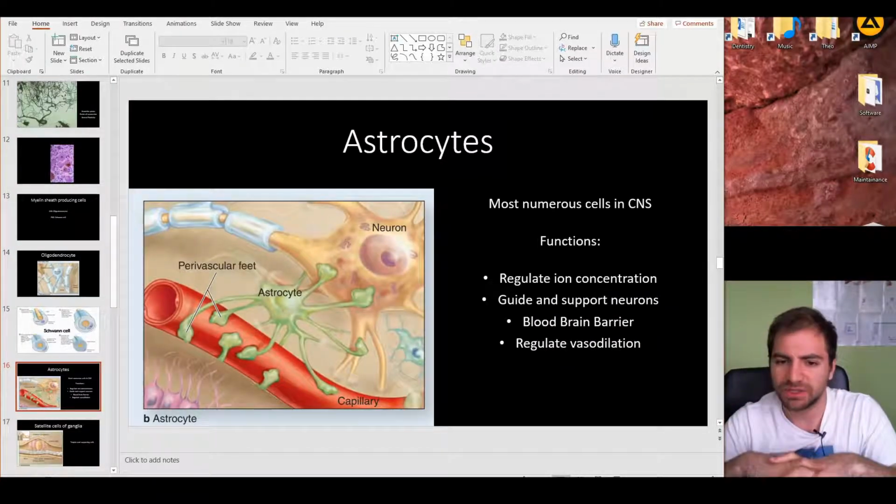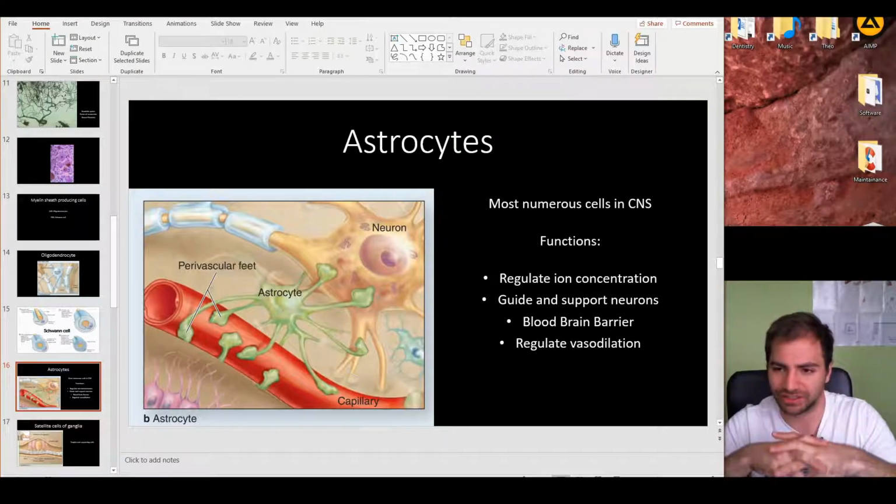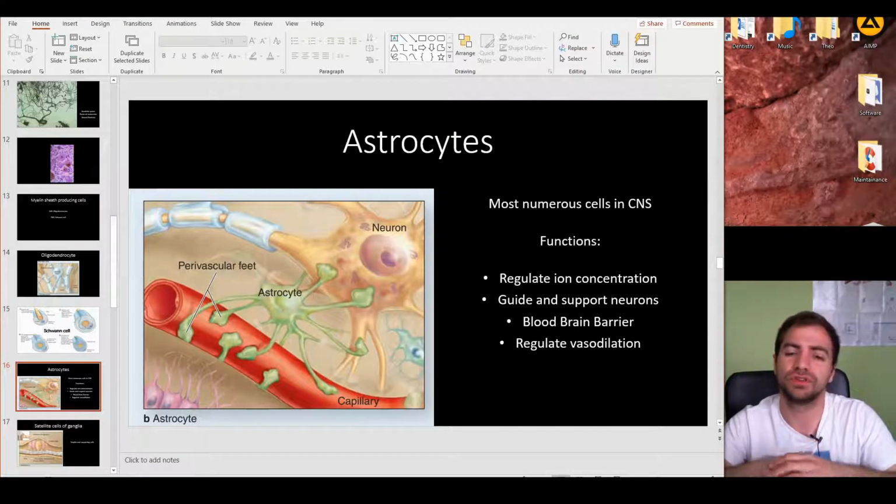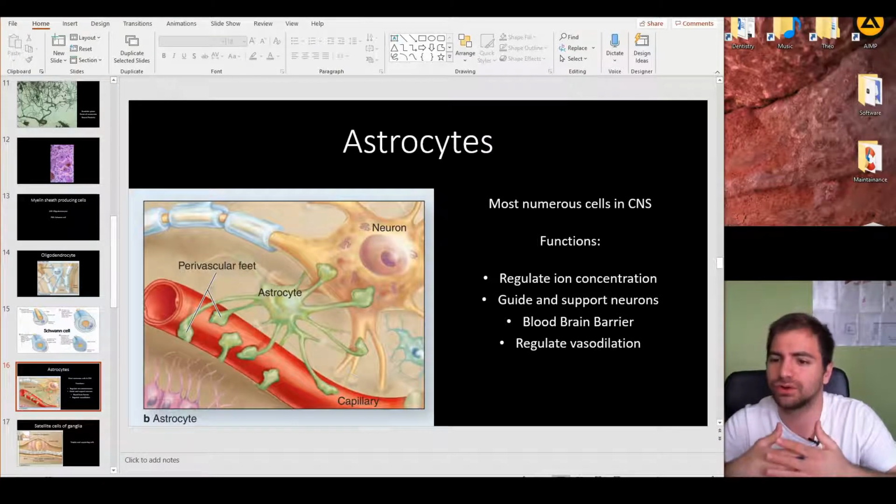Now, let's meet one very important cell, the astrocyte. This is a neuroglial cell that is the most numerous cell in the CNS, and they play a role in many functions which are very important. In fact, they are vital to the survival of the human brain. First of all, they regulate the ion concentration. How do they do this?